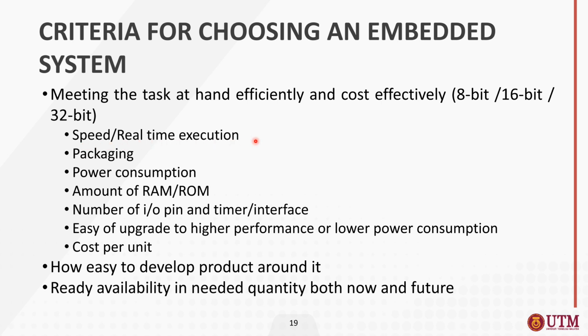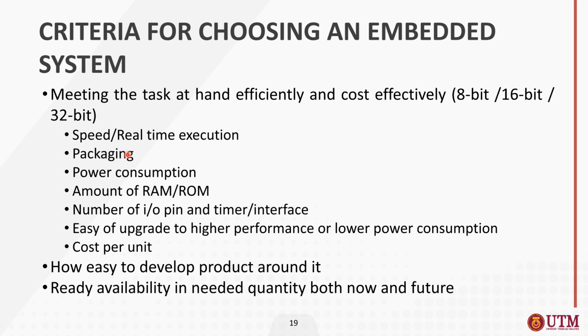It also depends on the speed or real-time execution. If your system requires very high speed or real-time execution, you must choose an embedded system that supports real-time execution and can run with high speed. The second part is the packaging.